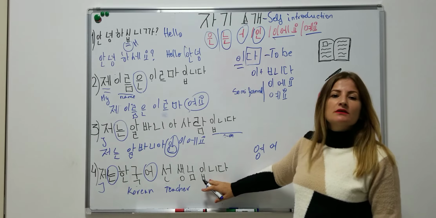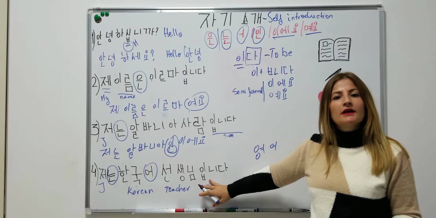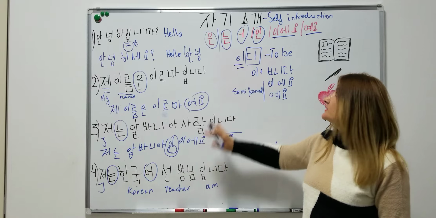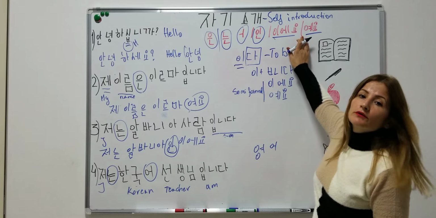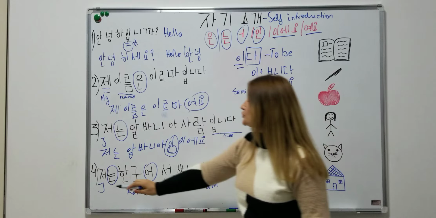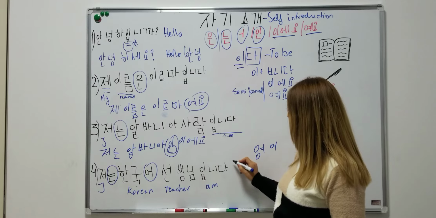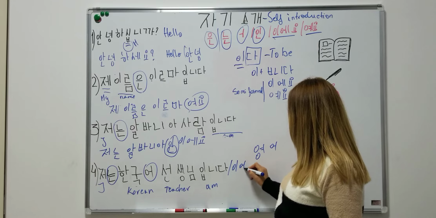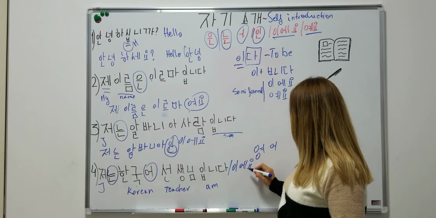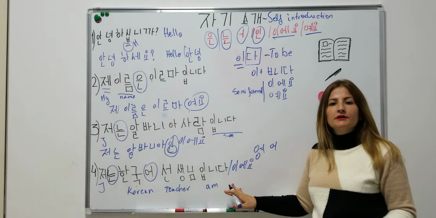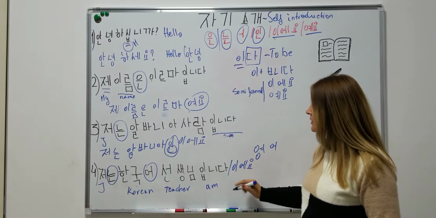So this is the formal way of saying, and by using these two endings, I would say 저는 한국어 선생님이에요. So I am Korean teacher. Why 이에요?